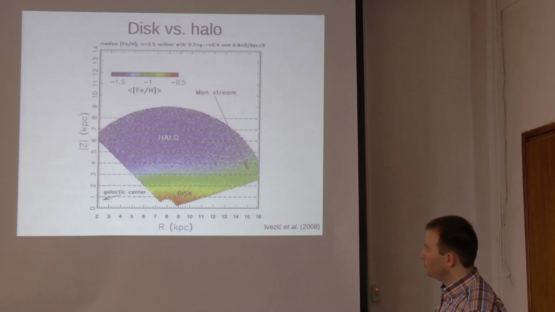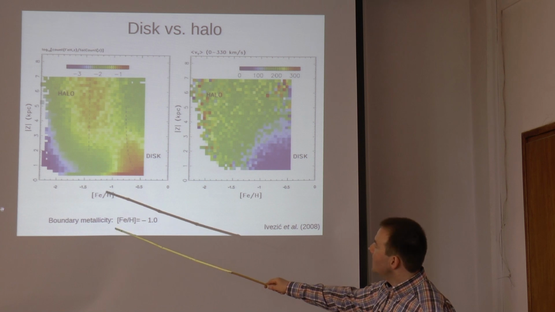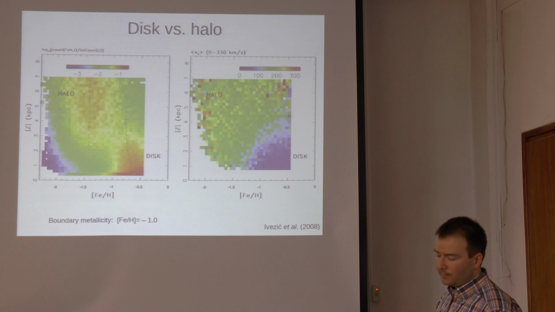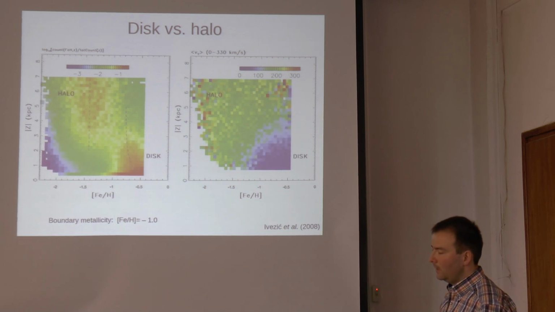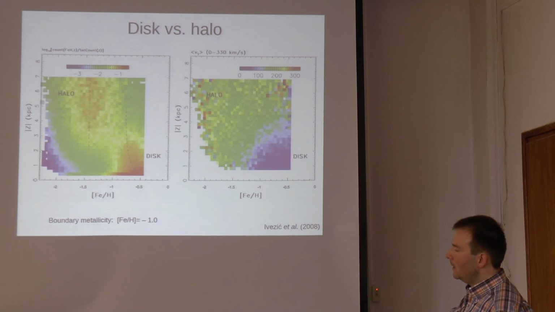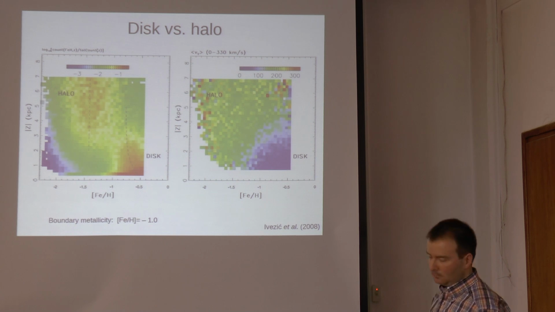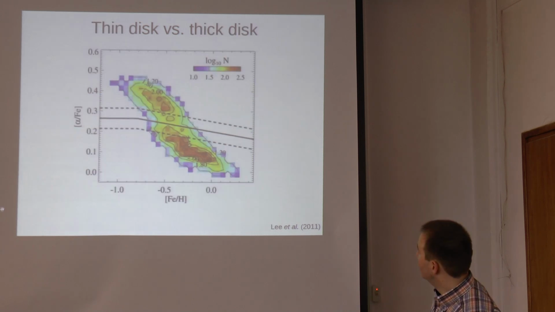We can distinguish them by metallicity, by measuring the amount of metals in the stars, and also from kinematics, of course, because halo stars are on wide orbits, not at the galactic plane.